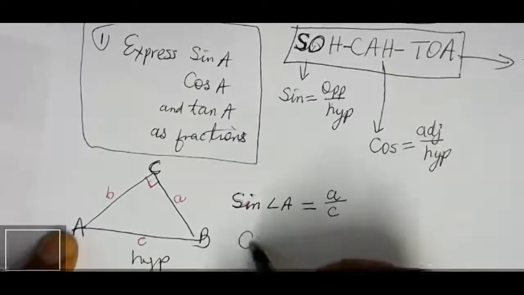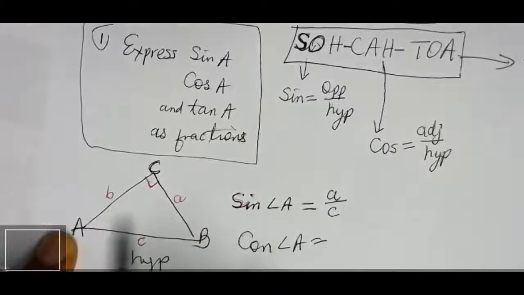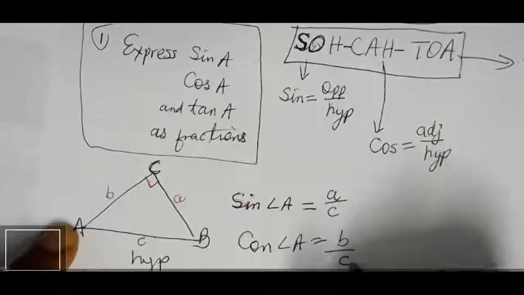What's cosine? Cosine of angle A is the side adjacent to it. Of course, if a is opposite it, the other leg is going to be adjacent to it. So it's going to be b over the hypotenuse, b over c.